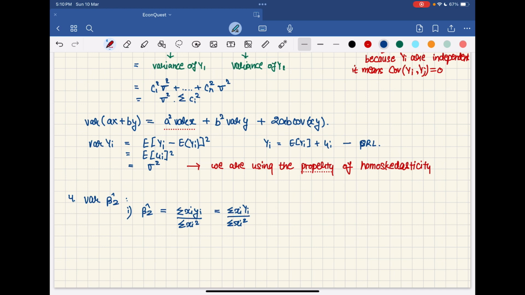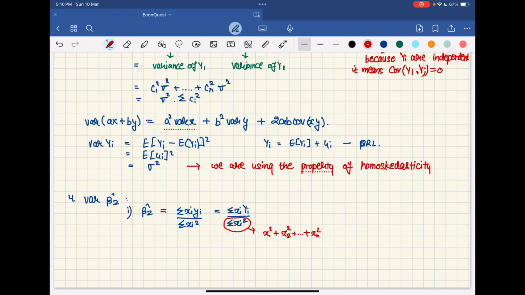Now please note that this sigma xi square, this thing is equal to x1 square plus x2 square till xn square, right? This entire thing, it is just a number, right? You will get a number, right?